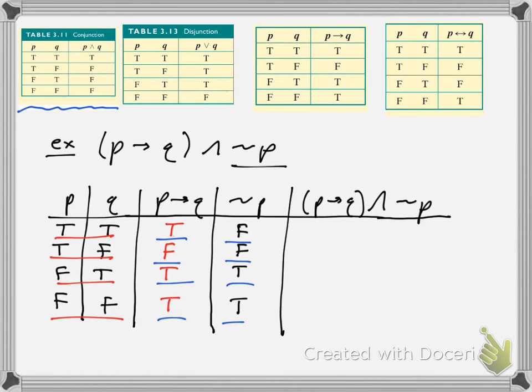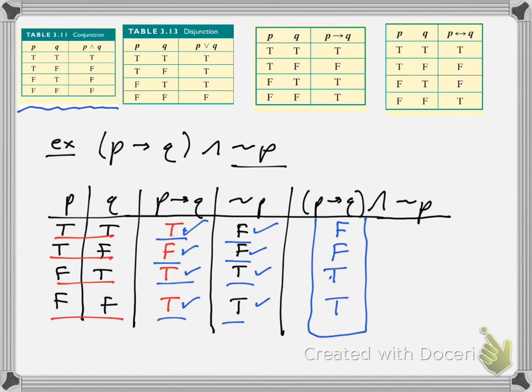So in the first comparison, this one and this one, true and false would be false because they're not both true. False and false would be false. True and true is the only one that's true. So that's my truth table. This is my final answer, and the whole truth table is your actual answer. So you're always going to start with this block pattern right here with all these with two letters.